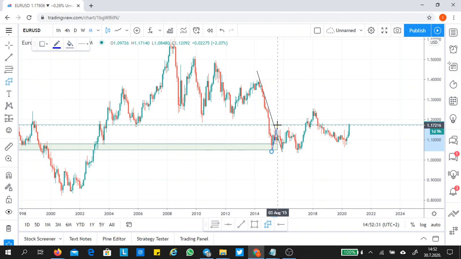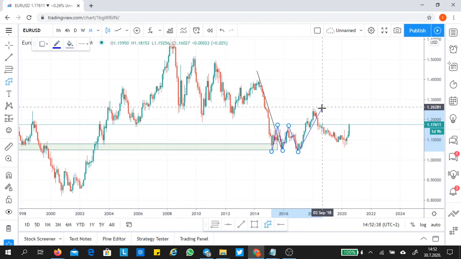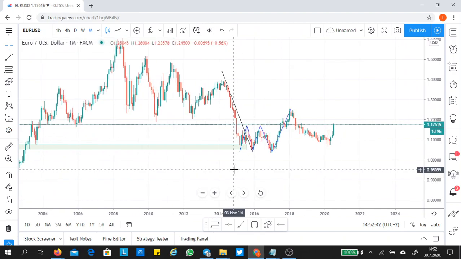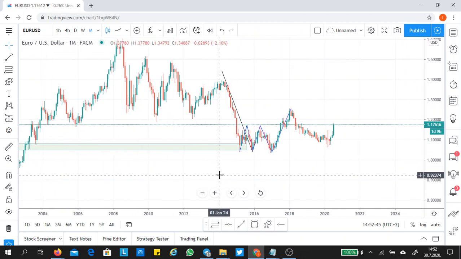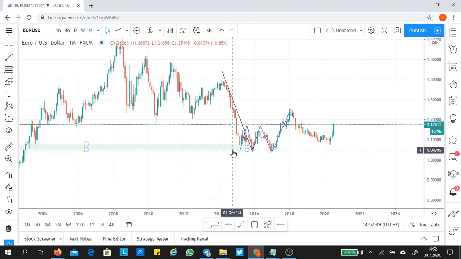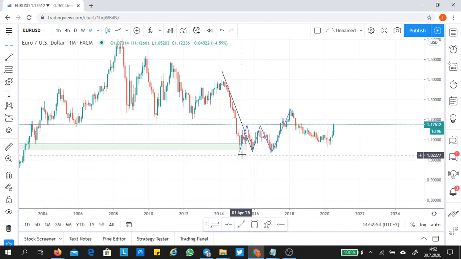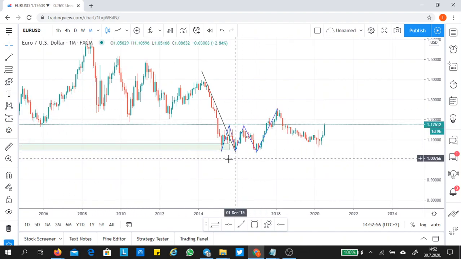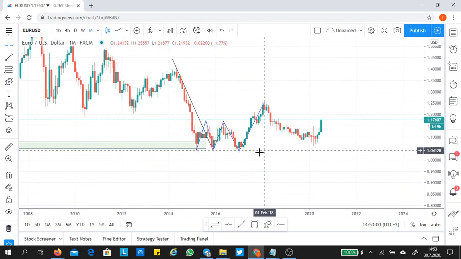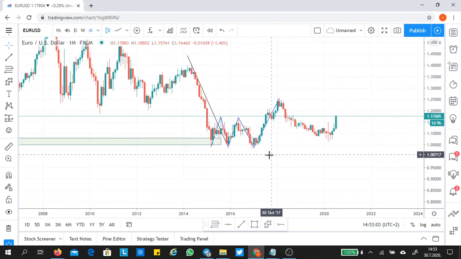So up, down, up, down. This is a pattern which indicates an up movement. Here, so this was a good entry point on the bottoms of these levels. So there was a good entry point on the monthly, or on the weekly you can maybe find even better entry points.